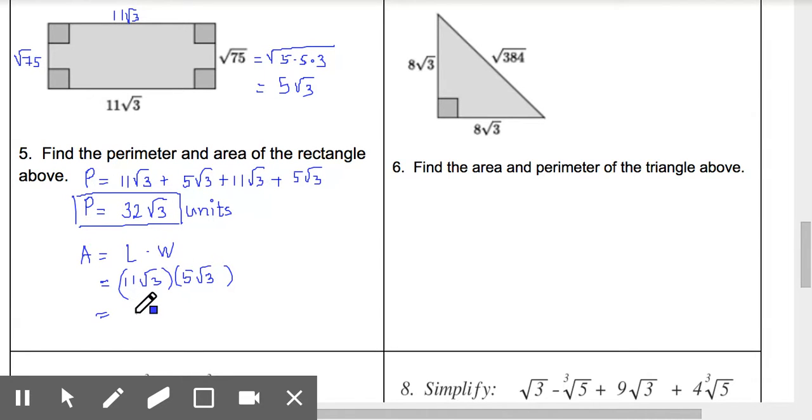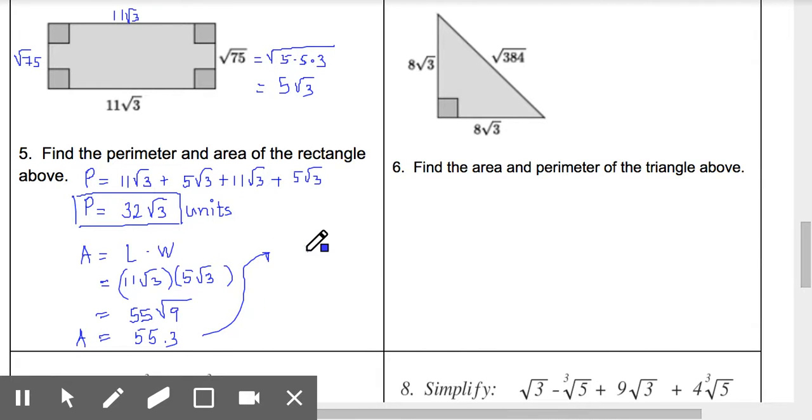So we multiply the numbers outside the square root, and that's going to be 55, and they will be placed outside the square root. Then we multiply the numbers inside the square root, so 3 times 3 gives us 9. So we have 55 times square root of 9, which is 55 times 3.